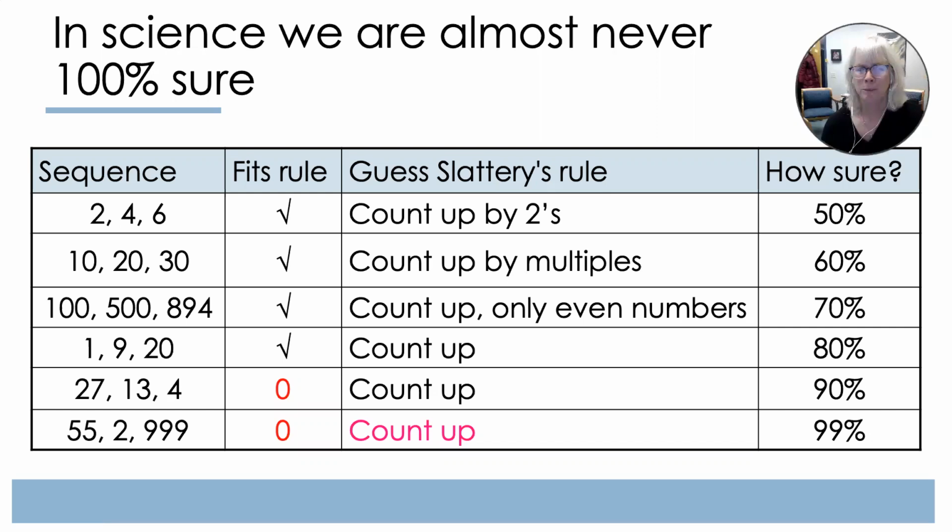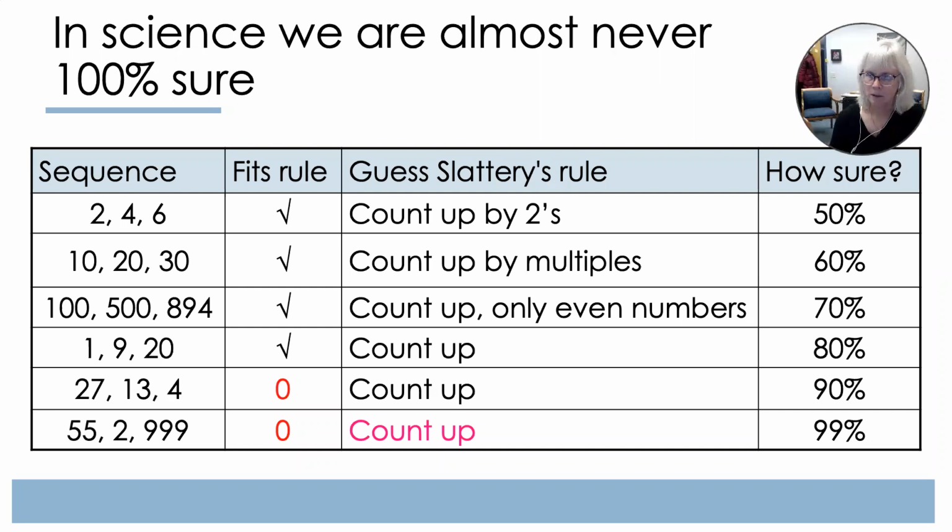But then when our sequence 10, 20, 30 still works, we decide maybe it needs to be refined more. Maybe it's counting up by multiples. And then when 100, 500, 894 work, we conclude count up only by even numbers.